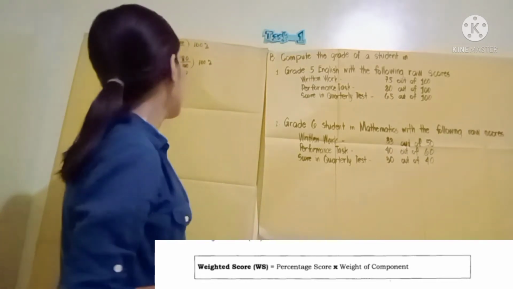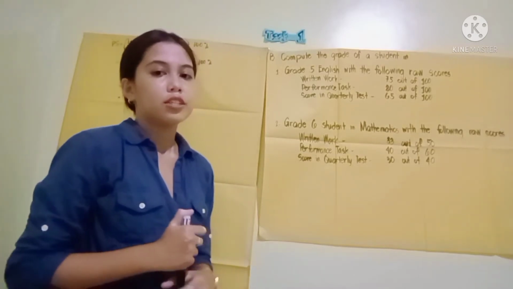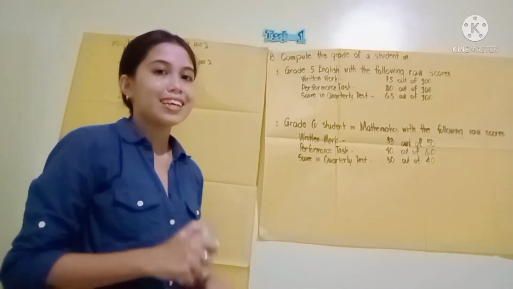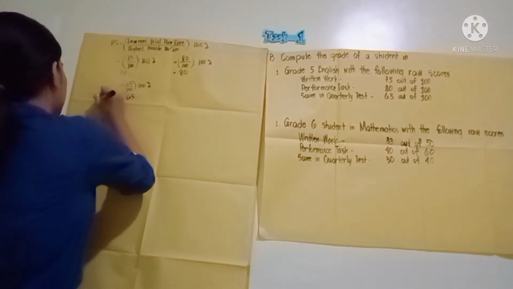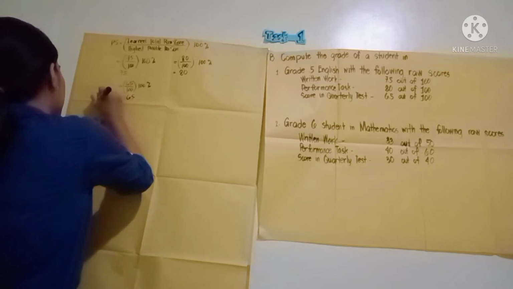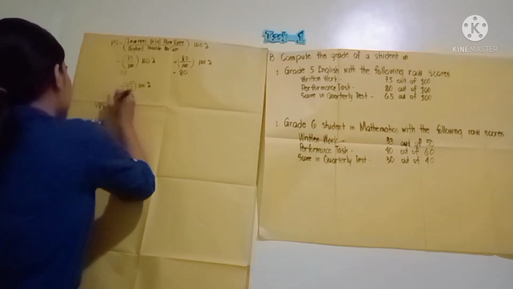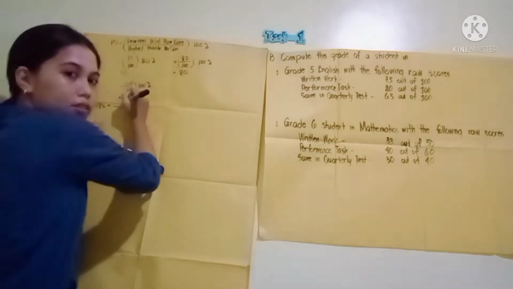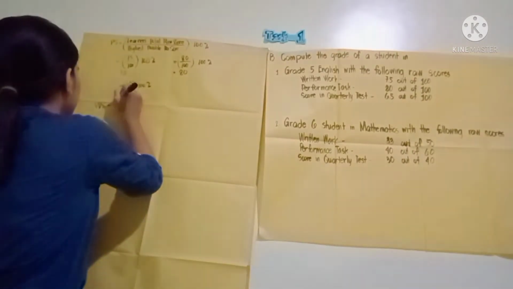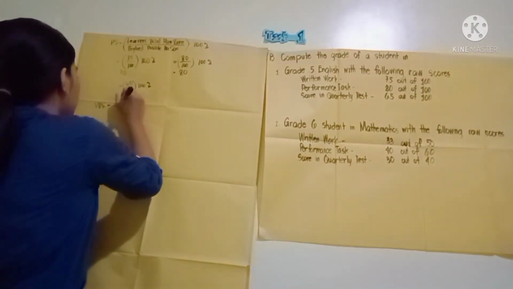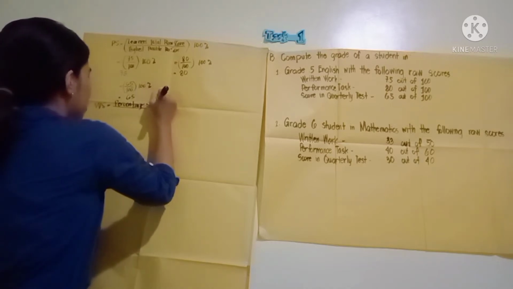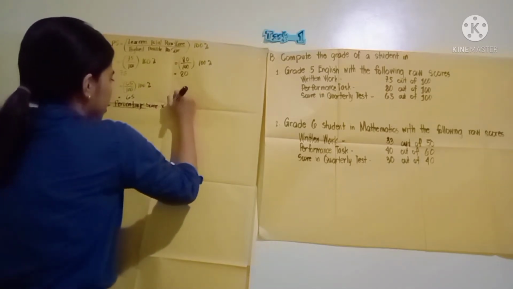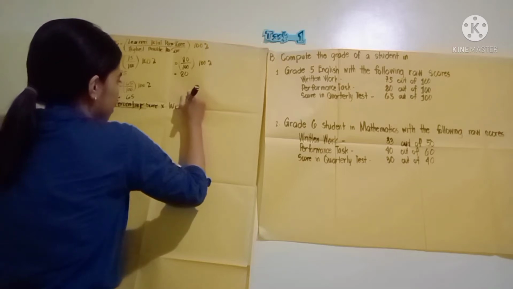So the weighted score equals the percentage score times the weight of component.